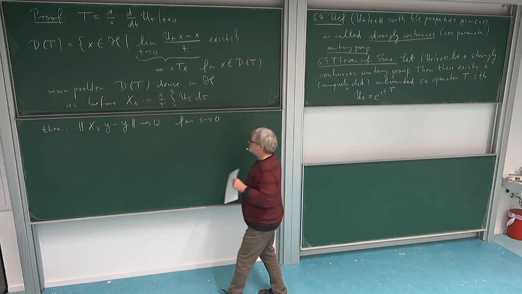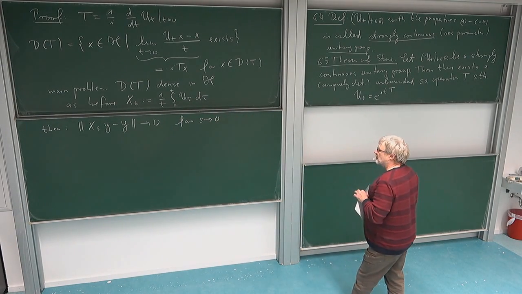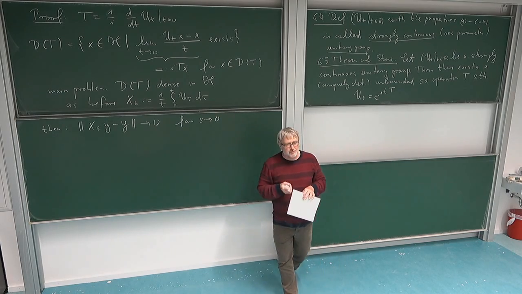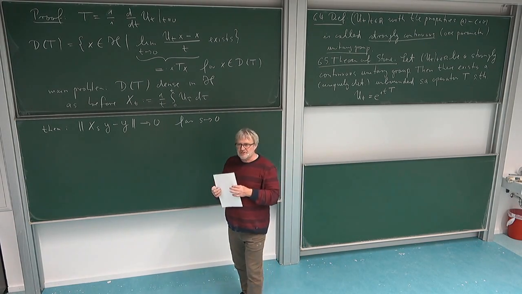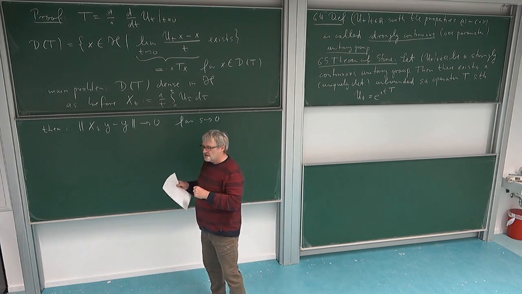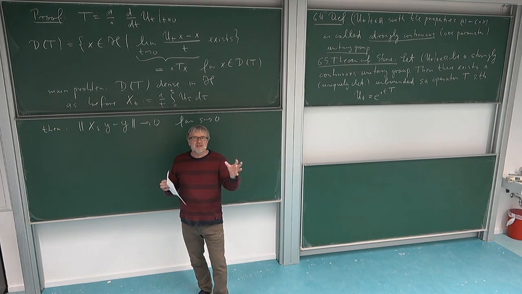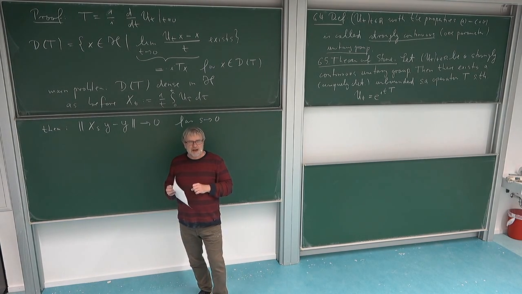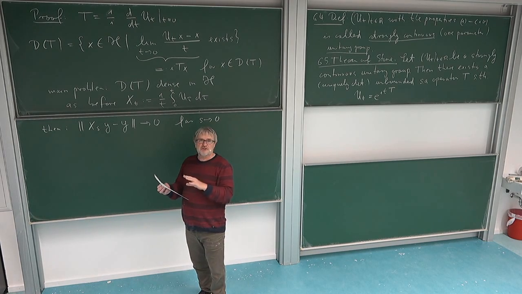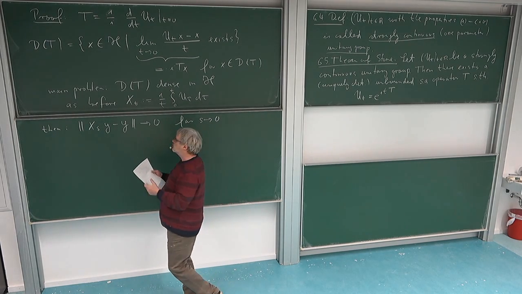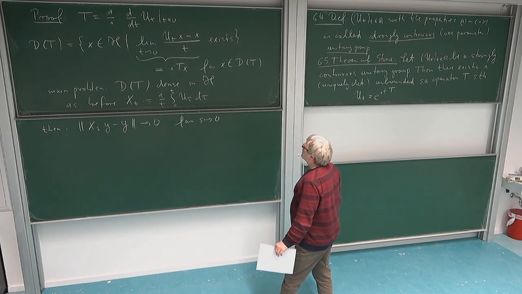Then the crucial property, the relation from which we more or less proved everything, was the relation which connected quotients for t and s. We chose two times, and then we had an equation, and this equation is still true, since it only used the semigroup property.